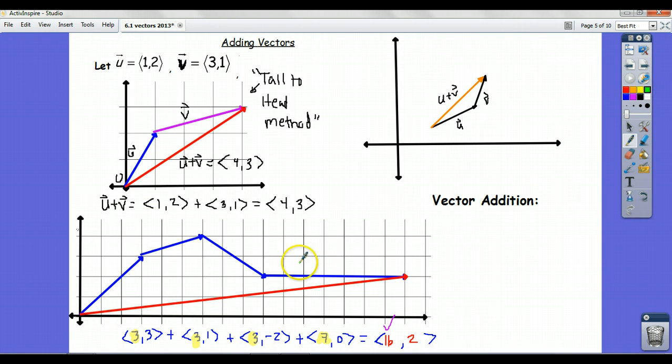And 3 plus 1 is 4, minus 2 is 2, plus 0 is 2. So that checks out. So vector addition, if you want to be formal, the vector AB plus the vector CD is simply (A plus C, B plus D).